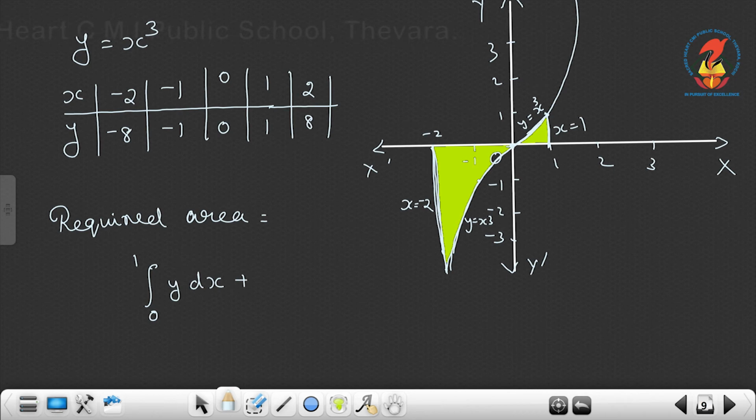Okay. Then left hand side, these two are not symmetric. One is 1 unit, the other one is 2 units. So we can't take 2 times, it's not possible. Then the left hand side is -2 to 0. -2 to 0, area under the curve, again y dx. So we can write this equal to 0 to 1. What is y? X cube.